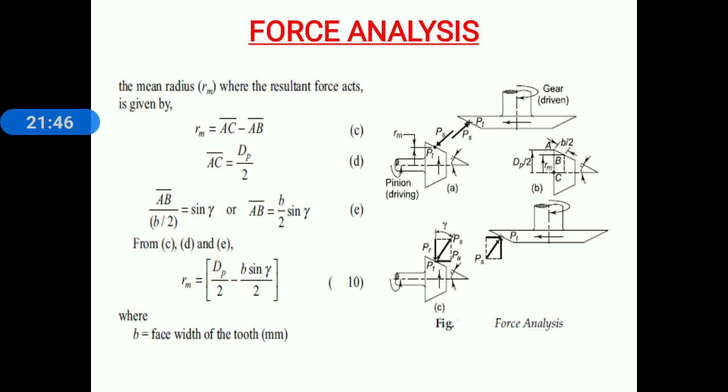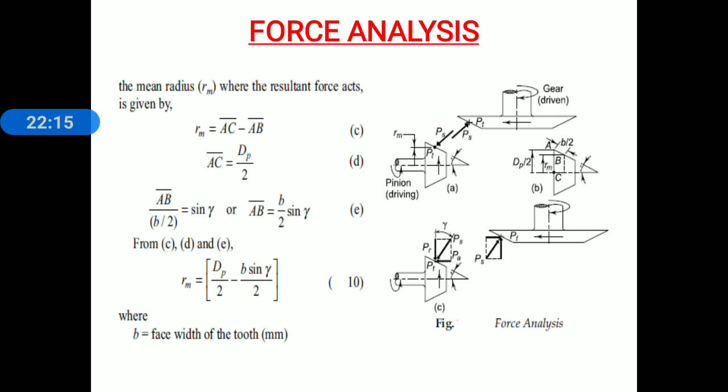Sine gamma is equal to AB divided by b by 2, and simplifying, AB is equal to b by 2 sine gamma. From these equations C, D and E, we get the mean radius R suffix M, equal to AC, that is dp by 2, minus AB, that is b by 2 sine gamma, where b is the face width of the tooth in millimeters.